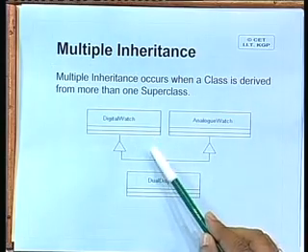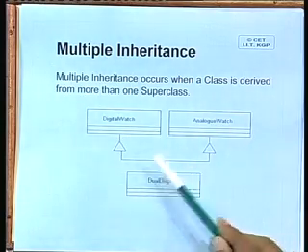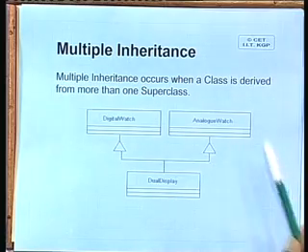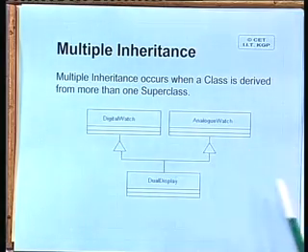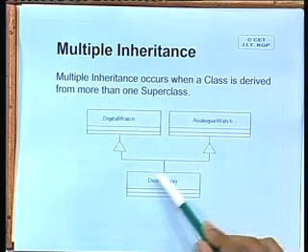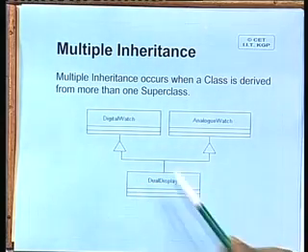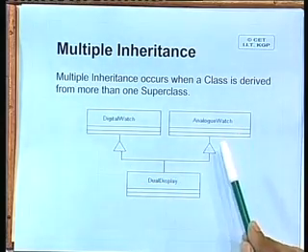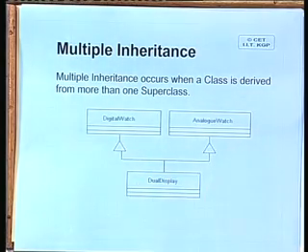Digital watch has got its own property. It shows the time in a digital form. The analog watch on the other hand has hour hands, minute hands, like that. And a dual display watch will have both digital as well as analog. Alright. So you can show it as a multiple inheritance.